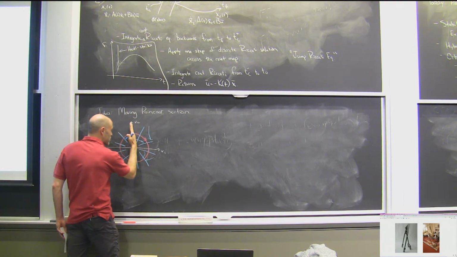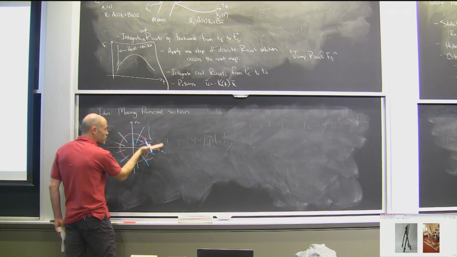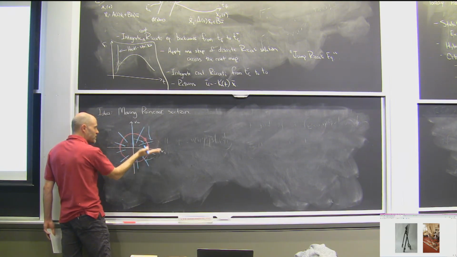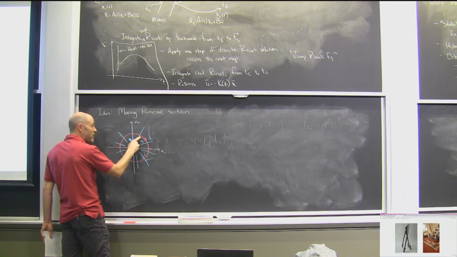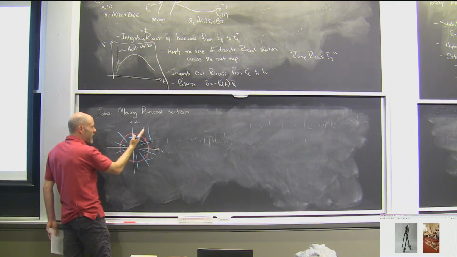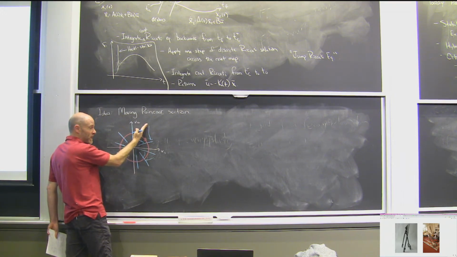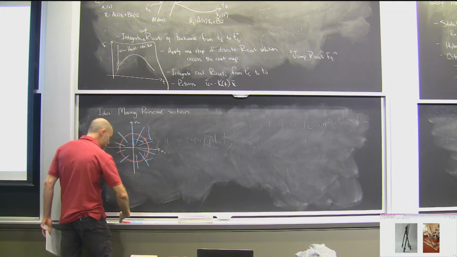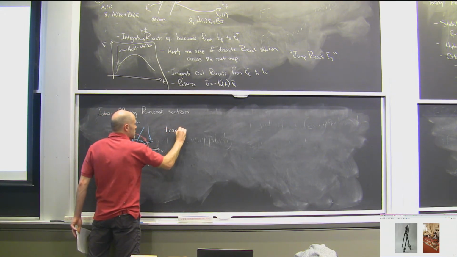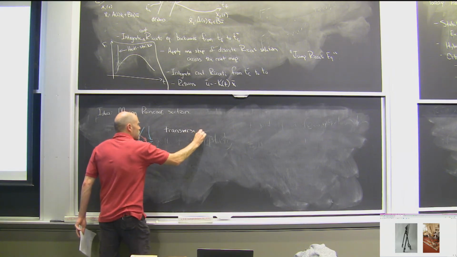When I choose my moving coordinate system, the one rule of the game is that I'm never parallel to the trajectory I care about. No glancing collisions. I don't have to be orthogonal, but I do have to be transverse, which just means non-parallel. So it's going to be a transverse coordinate system.